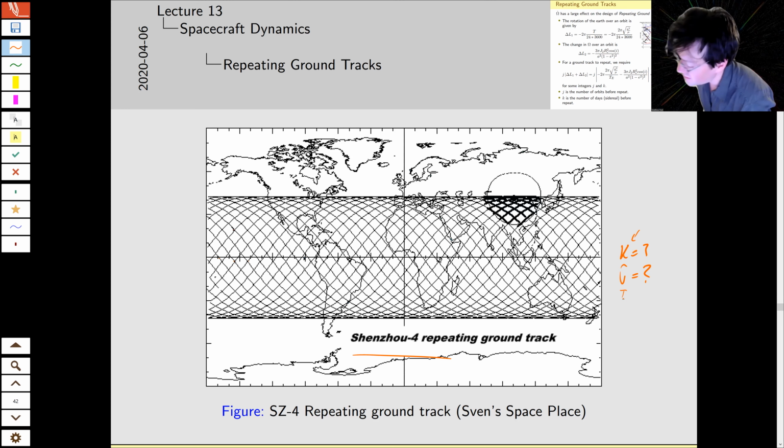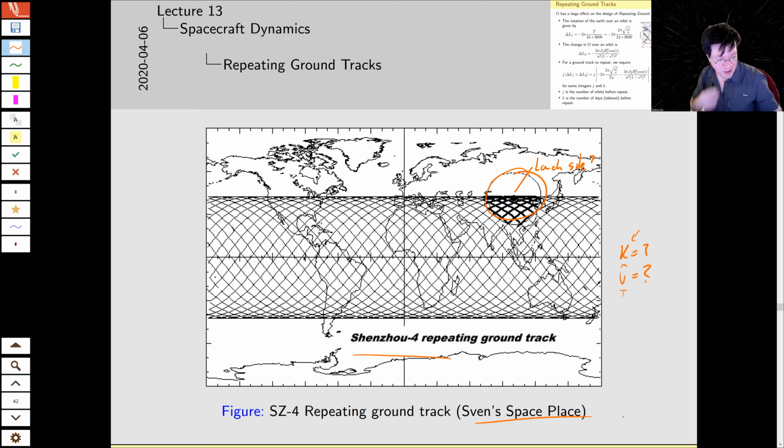So again, the application being that we would like to make sure that we always have access to, say, a communication satellite. Actually, I think this is the launch site. Anyway, it's from Sven's Space Place. So plug for Sven's Place.